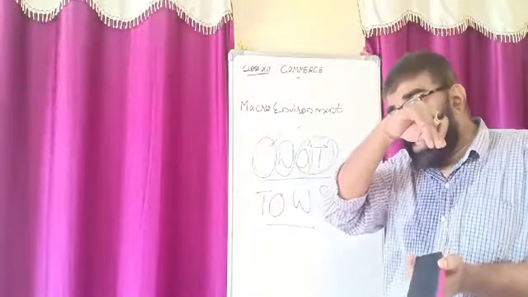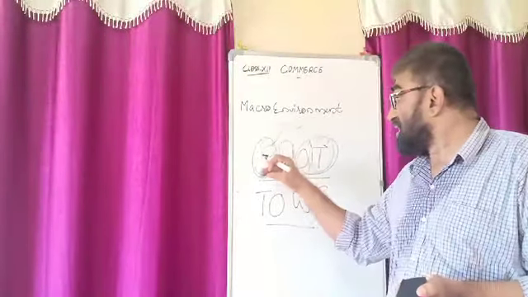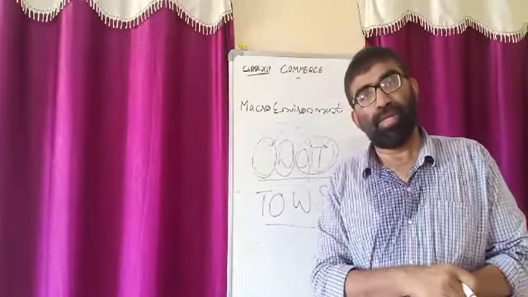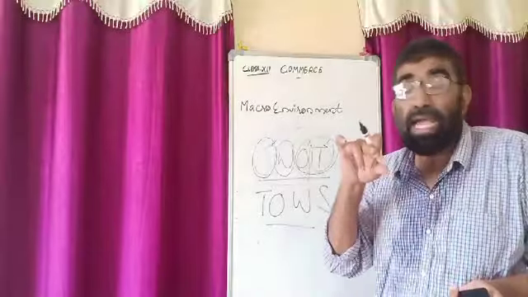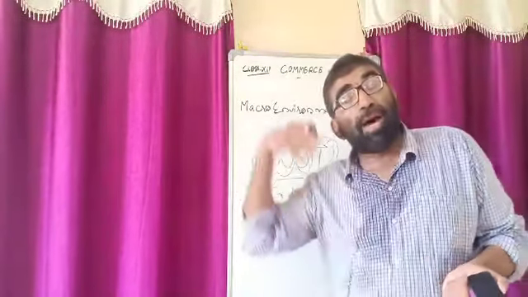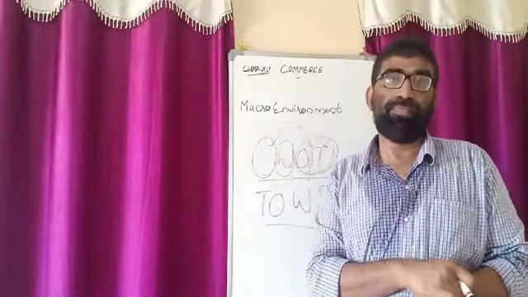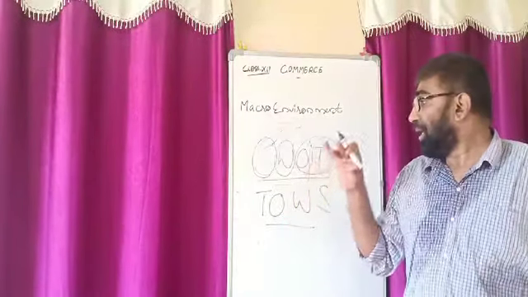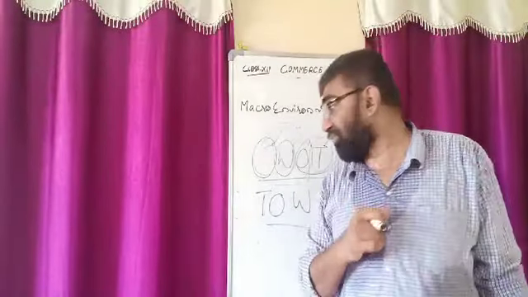So this systematic approach helps us to capitalize on strengths and neutralize the weaknesses. By this analysis, the strength can be capitalized, projected, and the weakness can be neutralized. So this systematic approach is used to find out the changes in the business environment.